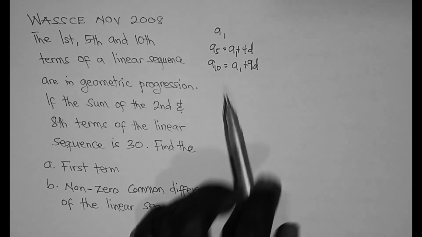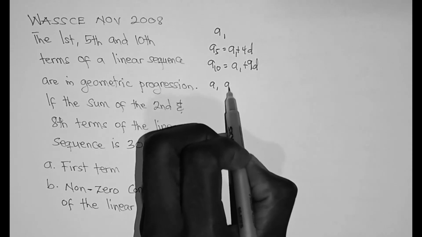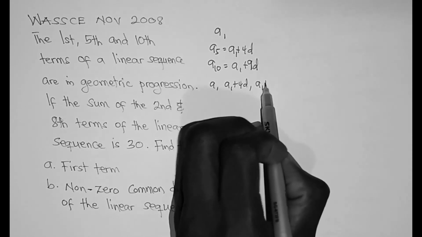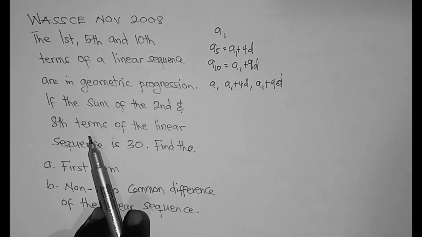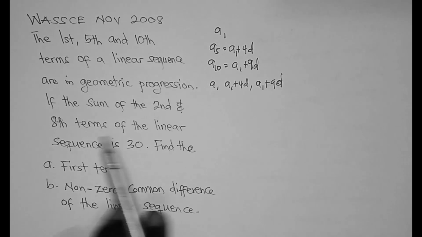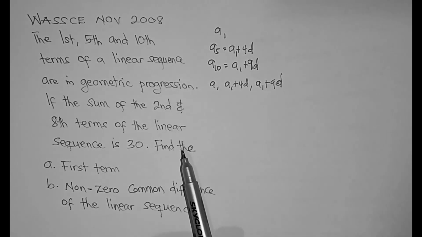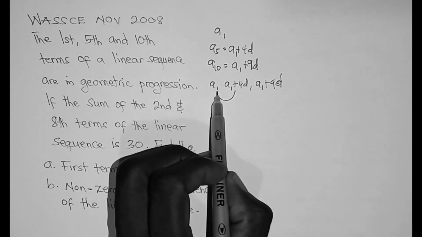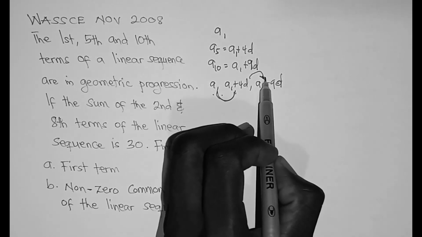It says that A1, A1 plus 4D, and A1 plus 9D are in geometric sequence. So since they are in geometric sequence, it means they have a common ratio. So let's go ahead and find the common ratio between the first two terms, and it is equal to the common ratio of the last two terms.